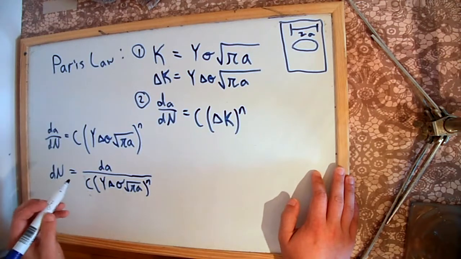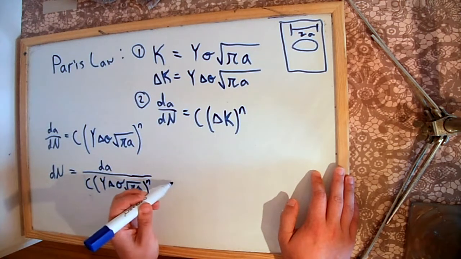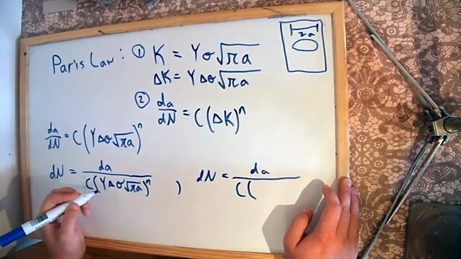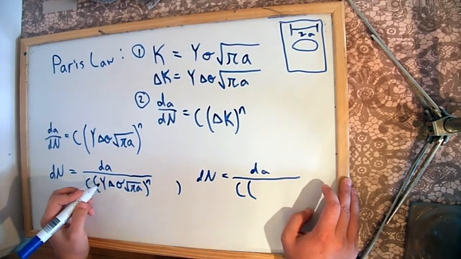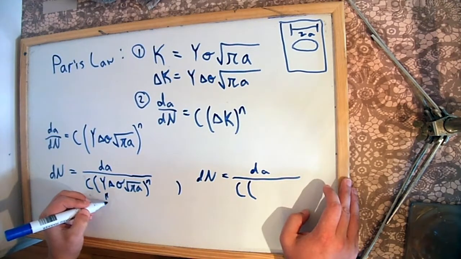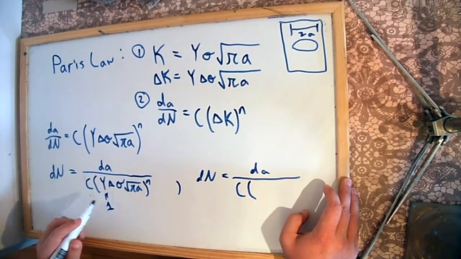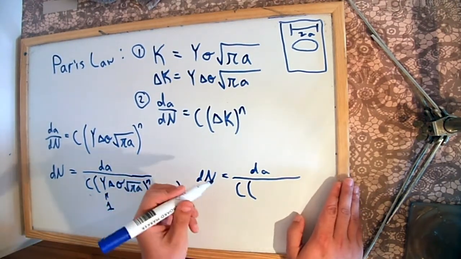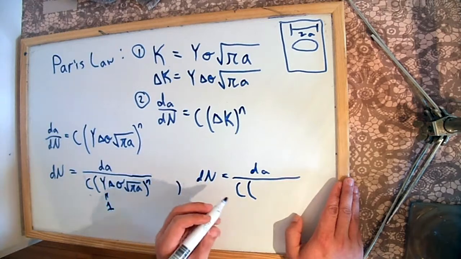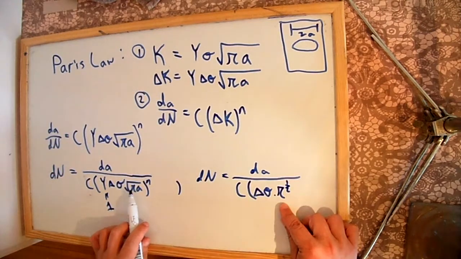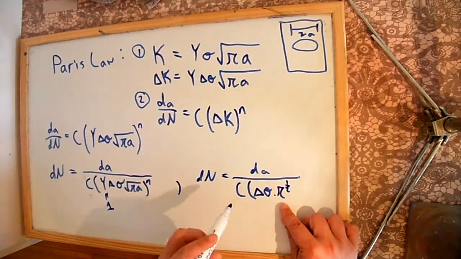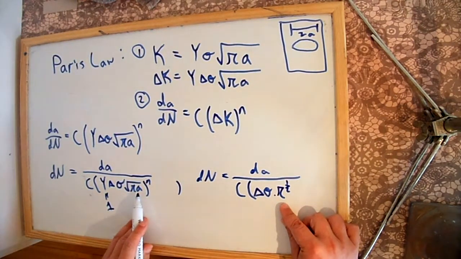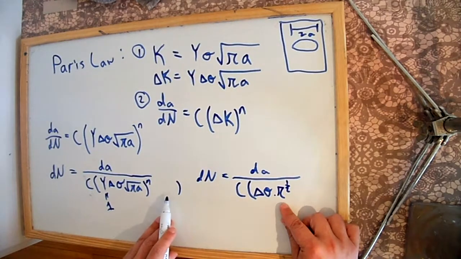Okay, so the next step is just to break this out and make it look more presentable, so I'm going to put it over here. The Y is not in the question, and it's equal to 1. So at this point I'm just going to drop it, because it's equal to 1, it's not going to have any effect on the results. I'm going to change the square root of pi to the power of a half, and I'm going to do the same with the A, except I'm going to take it out of the bracket.